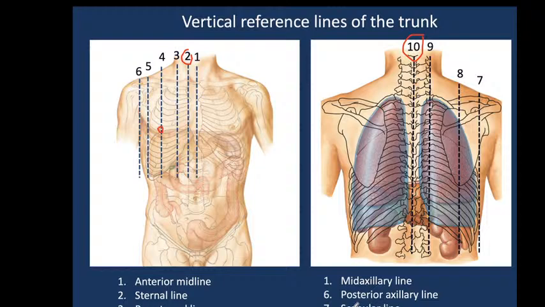And on the posterior surface we have the scapular line, number 8, and the paravertebral line, that is the line passing through the transverse processes.